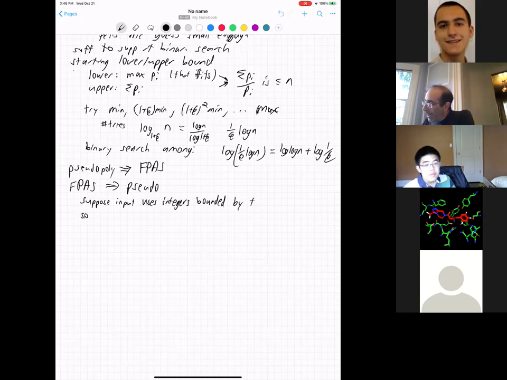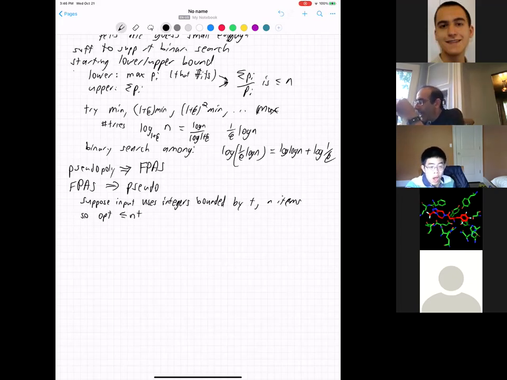So that when you combine n items over whatever feasibility space there is, your optimum is at most n times t. Okay.